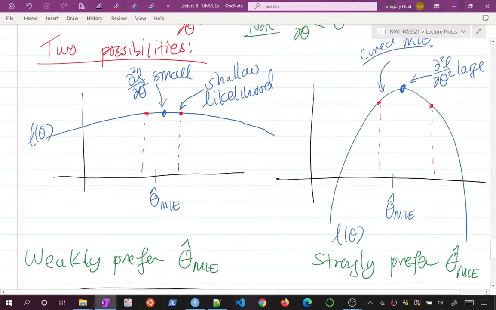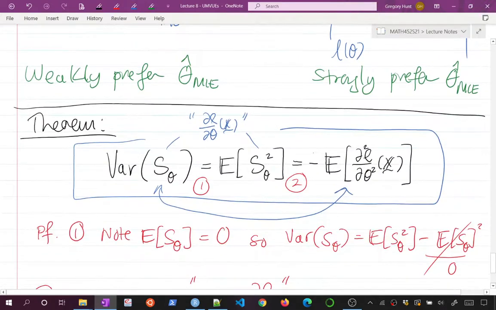Because the other way you can view this is that if we only weakly prefer the MLE over other possibilities, we're going to think maybe my MLE is not that accurate. But if we strongly prefer the MLE over other alternatives, we're saying, I believe my MLE is very accurate. We strongly prefer this.